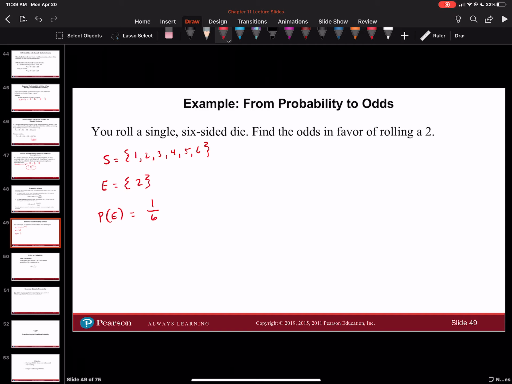And the probability of this not happening will be equal to 1 minus 1/6, which equals 5/6. Now we're going to find the odds in favor. So we're going to put the probability of E over the probability of not E.